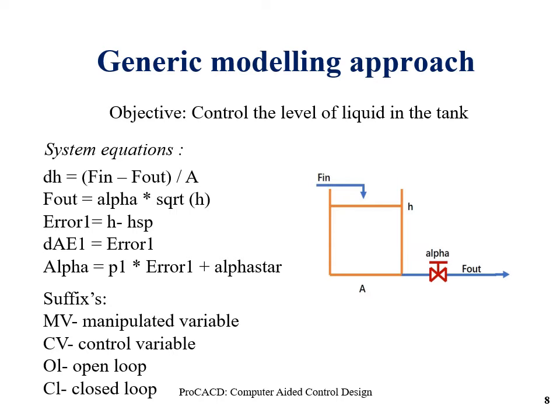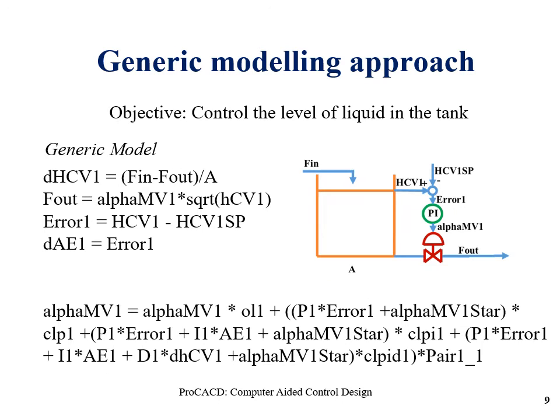All the manipulated variables in the system have to end with MV, and similarly all the control variables have to end with CV. OL represents the open loop binary variable and CL represents the closed loop binary variable. Now if you convert the same system of equations into a more generic form, this is how it will look.